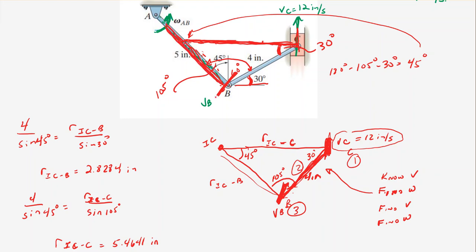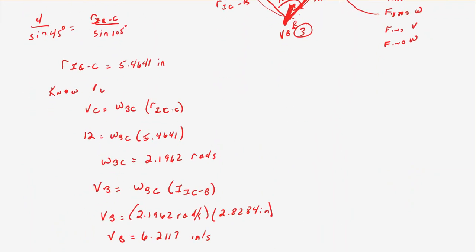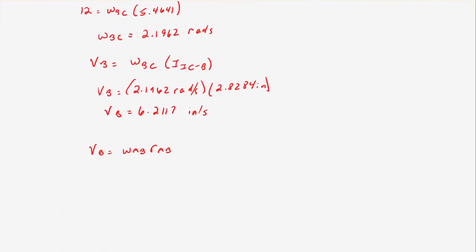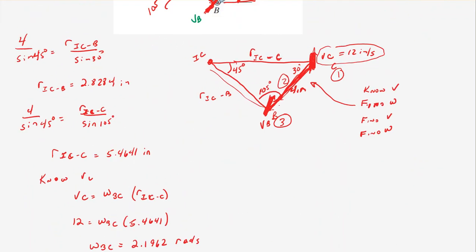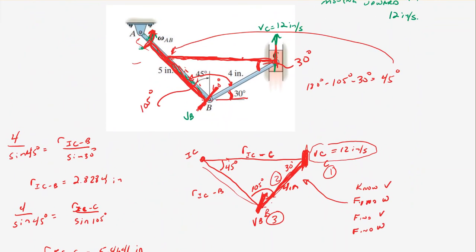But do you see how now I can switch it and say, I've got V sub B, I'm looking for this omega, and I know the length of AB, and it's spinning around A, so I can quit using the instantaneous centers, because for this instant, it's as if the rest of this doesn't exist. I'm just taking this one V sub B and causing this to rotate around A.